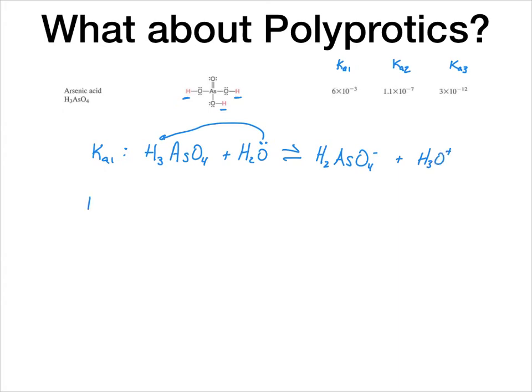Now, Ka2, this reaction that is being described does not start with H3AsO4. Instead, it starts with the conjugate. So it starts with H2AsO4- plus water.